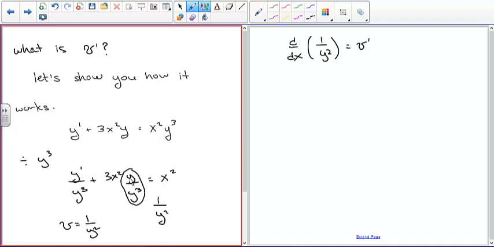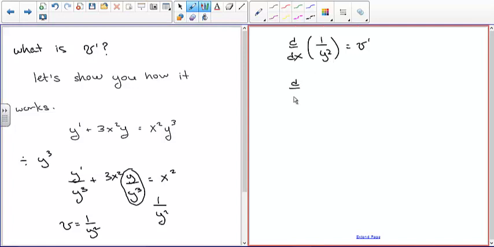So you have to use implicit differentiation because I'm taking the derivative of y with respect to x. We're going to rewrite this as an exponent, where we've moved things to the numerator. And the derivative of y to the minus 2 power: you multiply by the exponent, and reduce the exponent by 1.